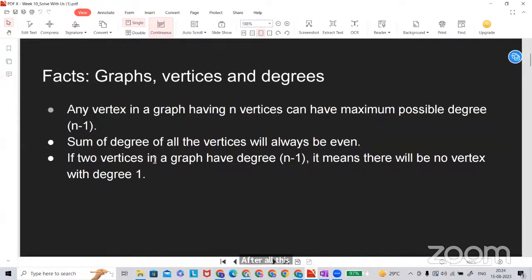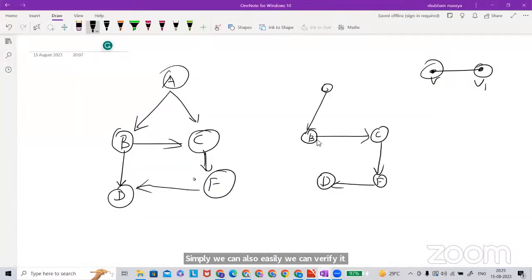And if two vertices in a graph have degree n minus 1, it means there will be no vertex with degree 1. The degree will always be greater than or equal to 2.